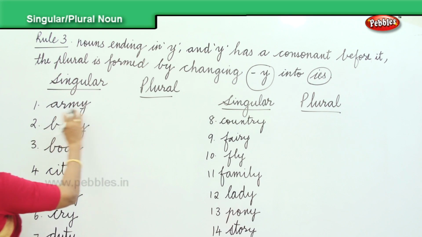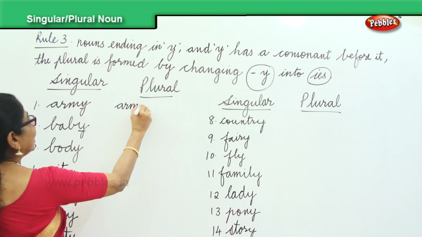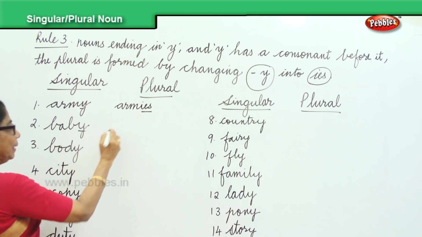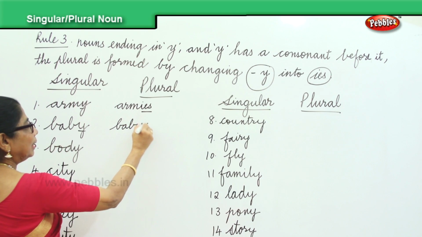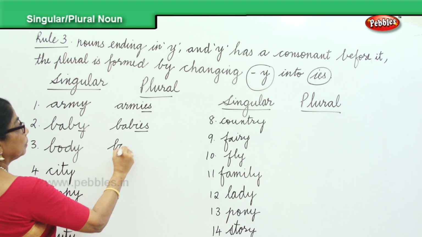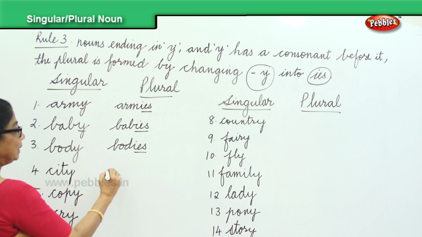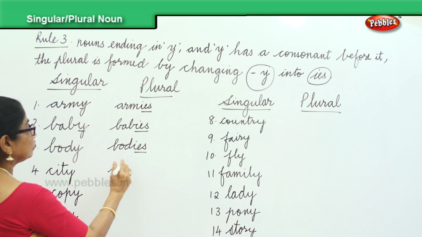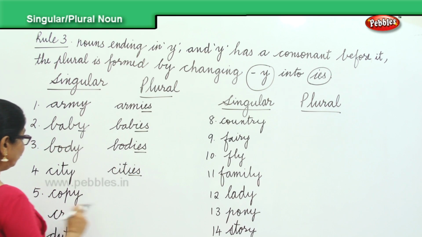Let's do the first one. Army, armies. Arm, then you add ies. Baby, babies. Body, bodies. City, cities, you add ies by removing the y.